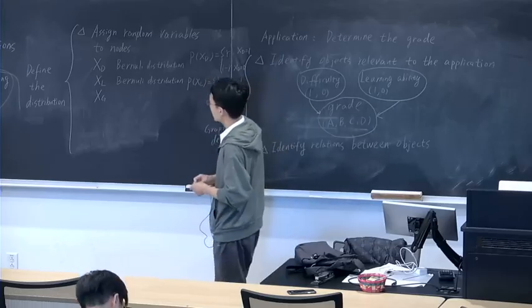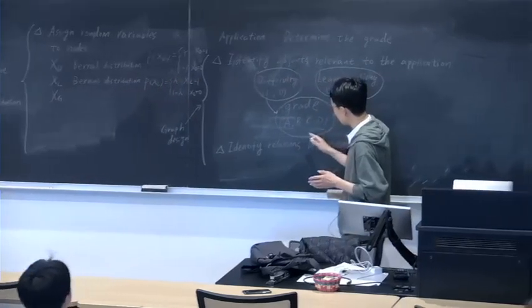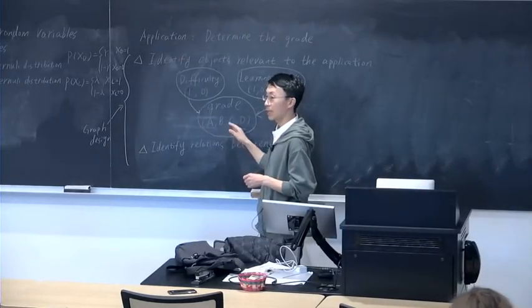Okay, now let's look at this grade. The grade takes 4 values, A, B, C, D, and all these values are discrete.